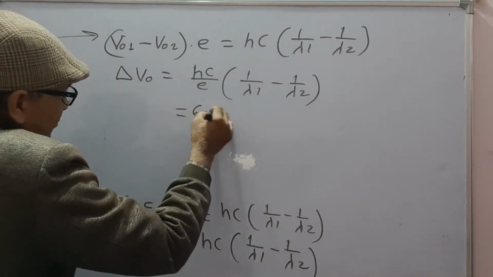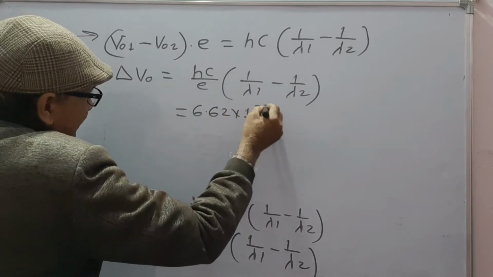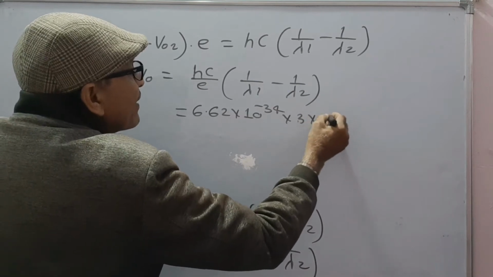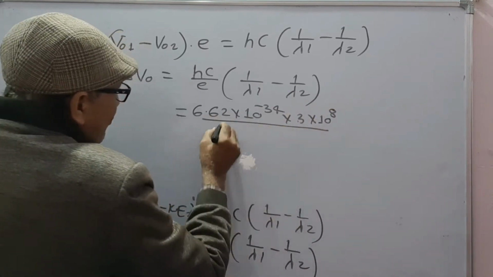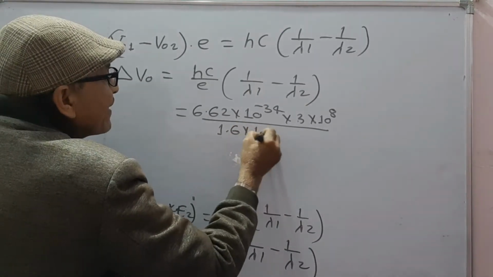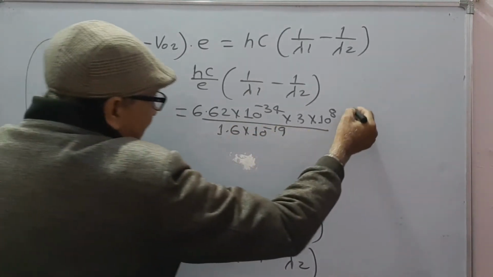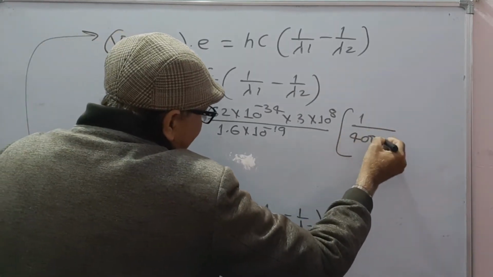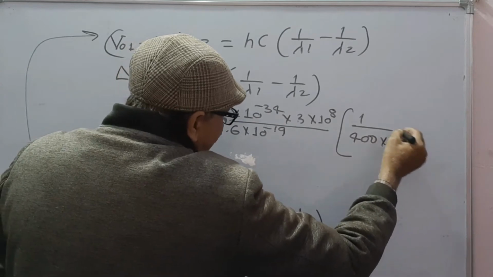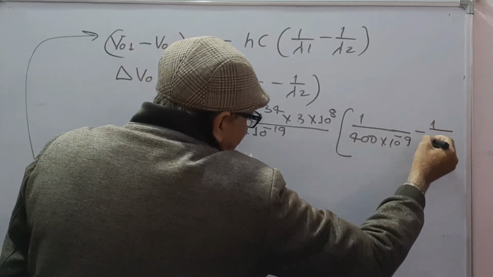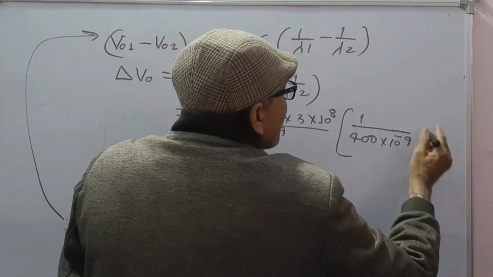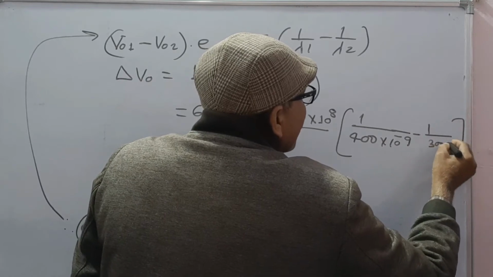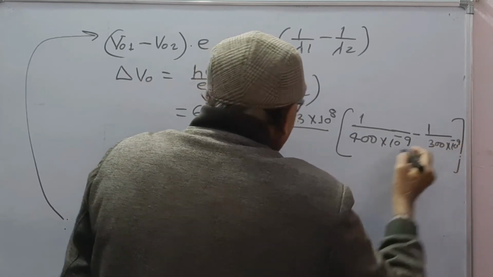h is 6.62 into 10 to minus 34, c is 3 into 10 to power 8, e is 1.6 into 10 to minus 19, into 1 upon lambda 1, which is 400 into 10 to minus 9, minus 1 upon 300 into 10 to minus 9.